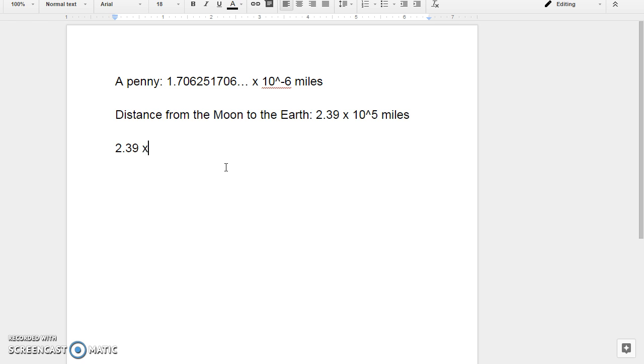2.39 multiplied by 10 to the power 5, divided by 1.706 times 10 to the power -6.